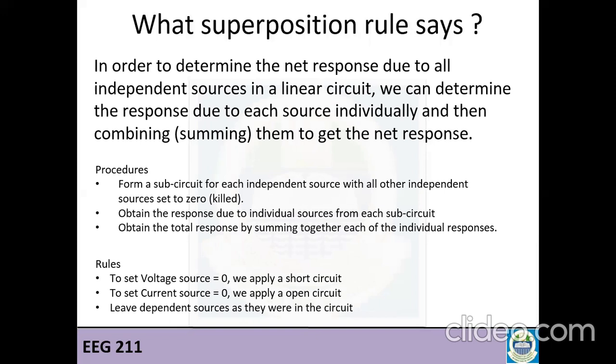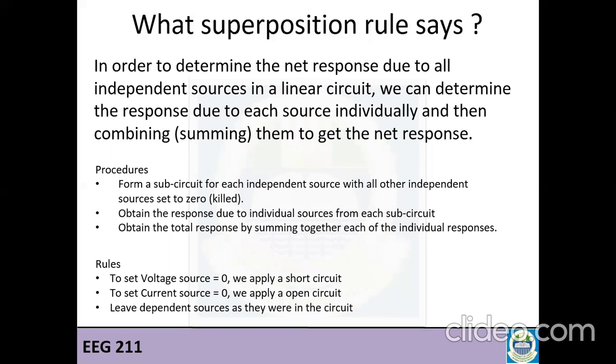Remember, the voltage across a short circuit is 0, whereas the current can be anything. Whereas to set a current source to 0, we apply an open circuit. So we replace that current source by an open terminal or open circuit.